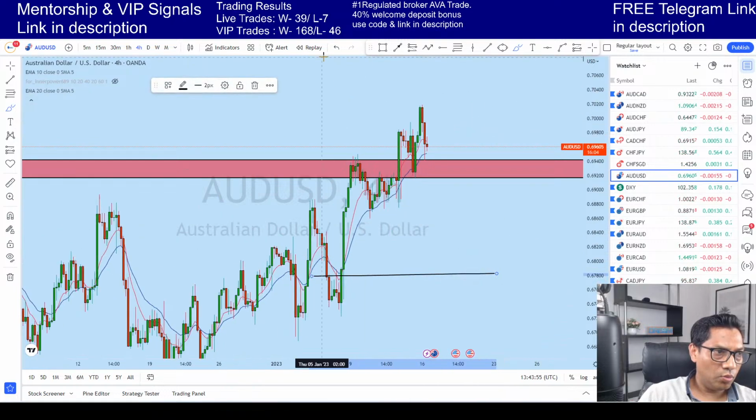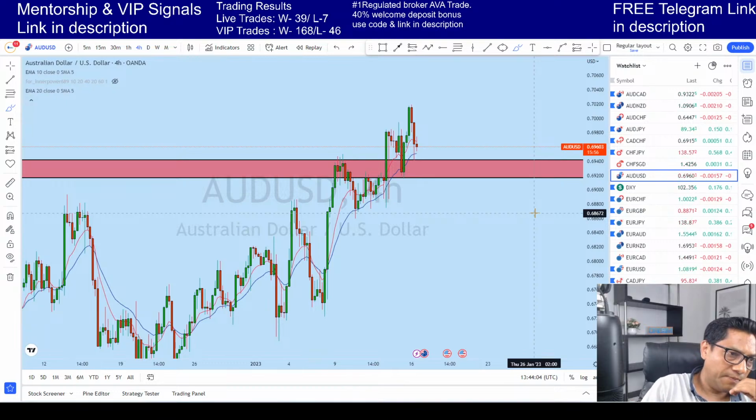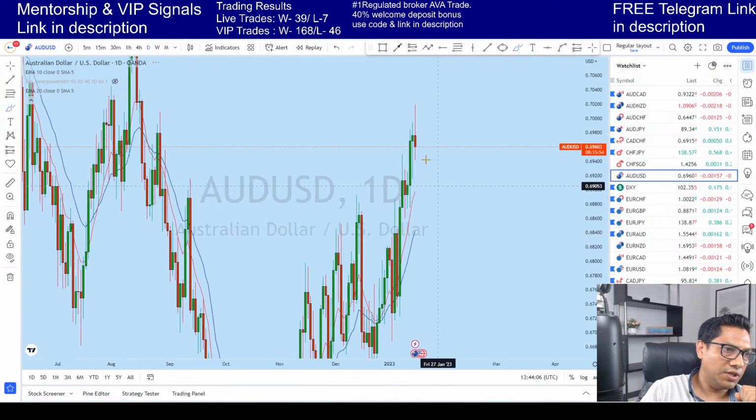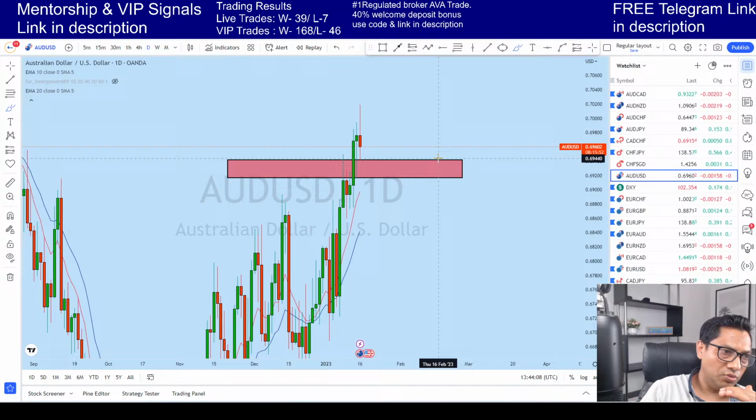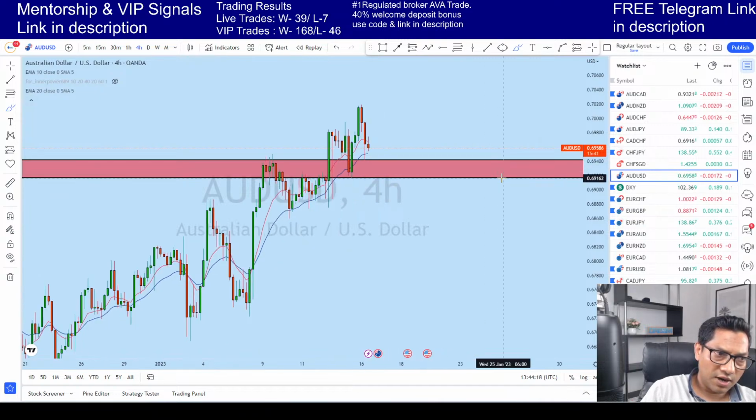Another probability, if it doesn't reverse from this support, we could see that AUD USD is basically bullish based on daily price action, which is still bullish. So lower time frame on AUD USD is bullish unless we see a reversal. So if you're running a short trade, then where did you say sold?